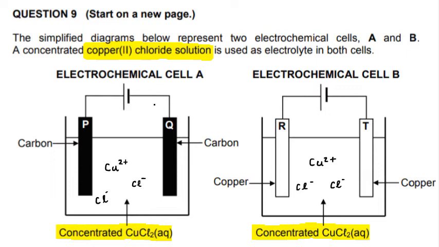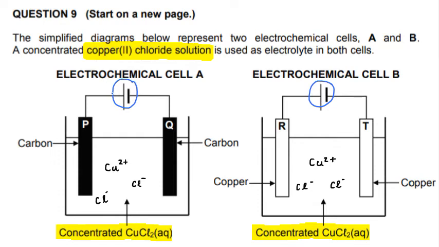Let's first start off with electrochemical cell A. First things first, what we see over here is a battery. Because we see a battery, it means that this is an electrolytic cell. Same thing for electrochemical cell B, we also see a battery, so this is also an electrolytic cell.